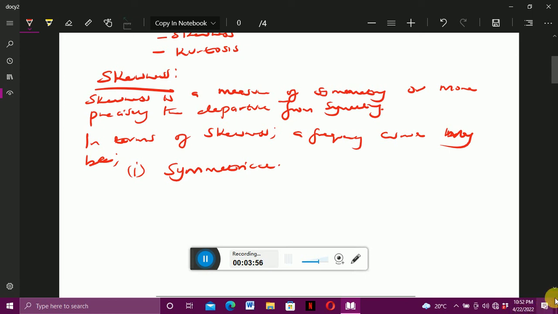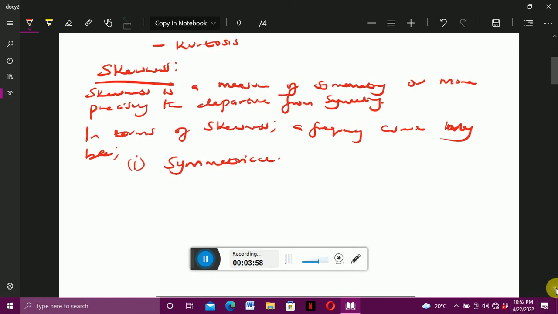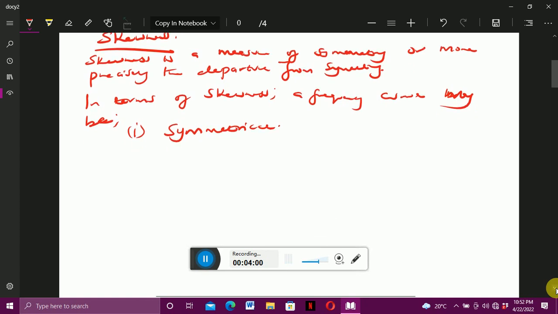So how does a symmetrical frequency curve look like? A symmetrical frequency curve usually looks like this. It's bell-shaped.